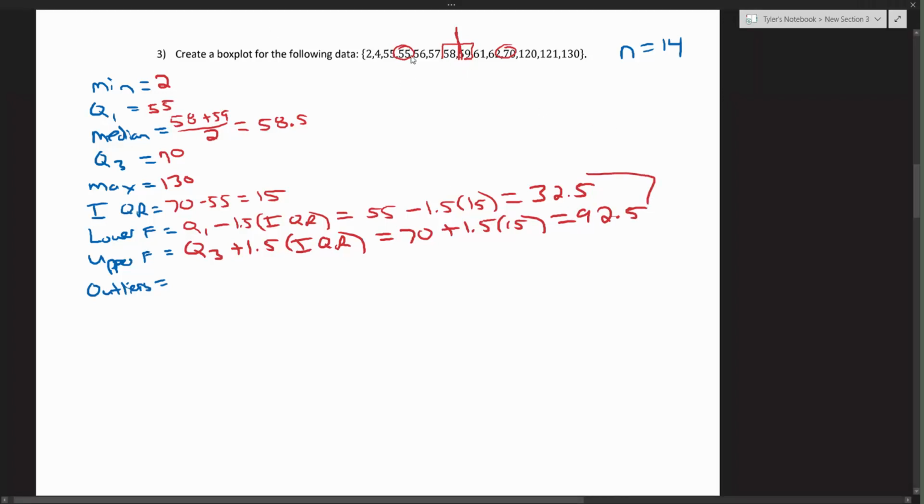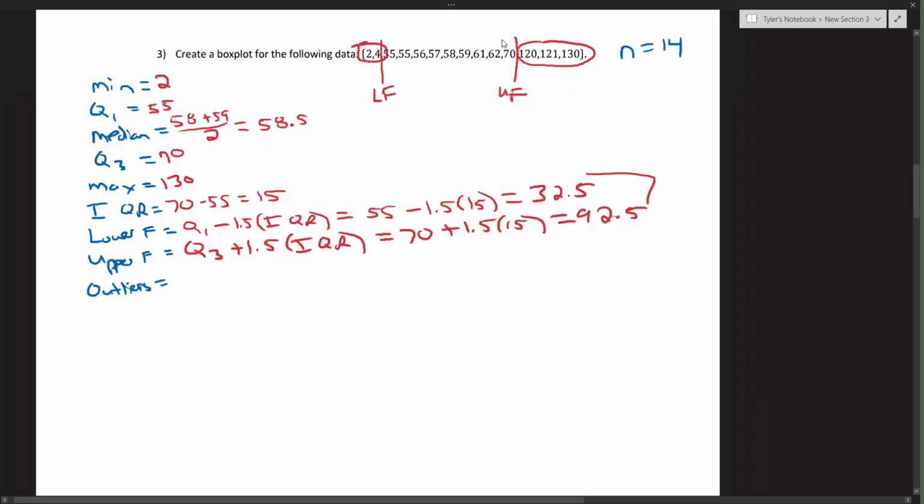Let me erase the markings I did on the numbers. The lower fence is 32.5, so that's going to be in between 4 and 5. That's where my lower fence is. Then my upper fence is going to be 92.5, which is in between 70 and 120. So this would be my upper fence. All of these numbers beyond the fences are outliers.